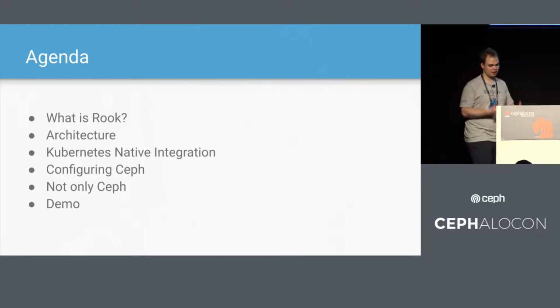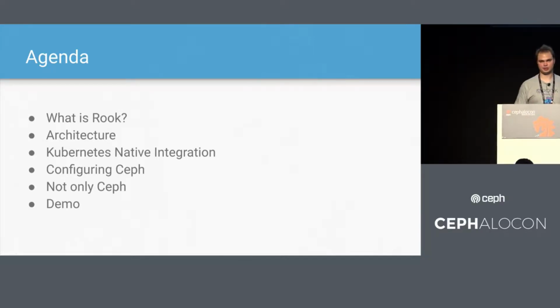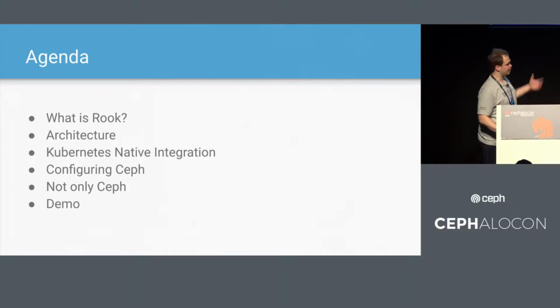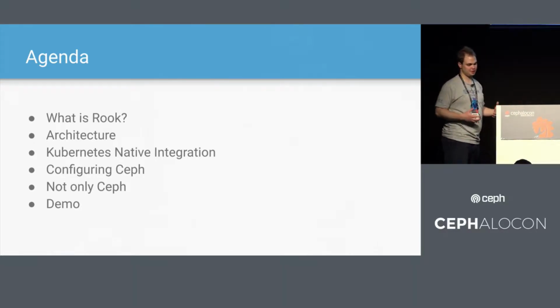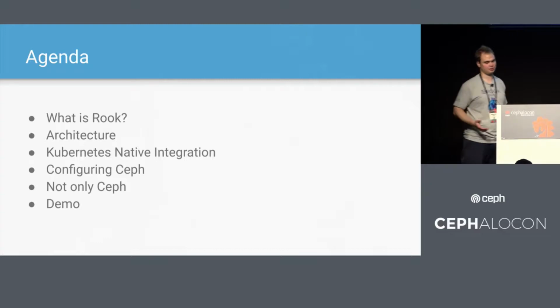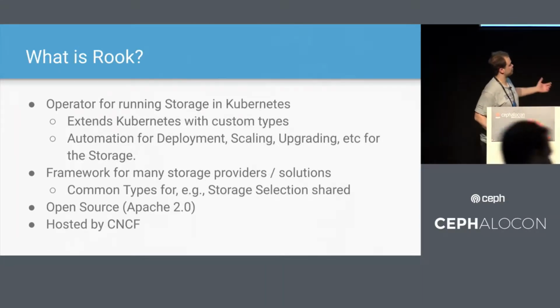How do we tell Rook to, for example, use specific disks? On the other hand, for the Rook project itself, there's more than just Ceph in it. And then at the end, a demo about deploying a Ceph cluster in Kubernetes. And let's get right into it.